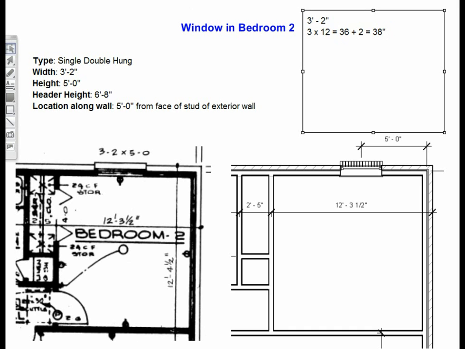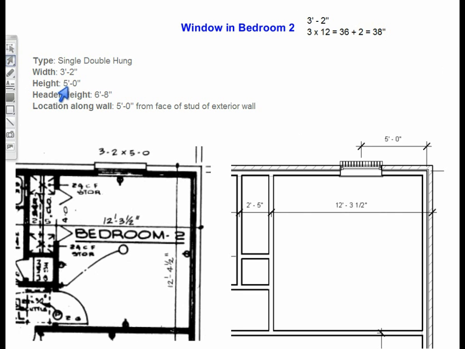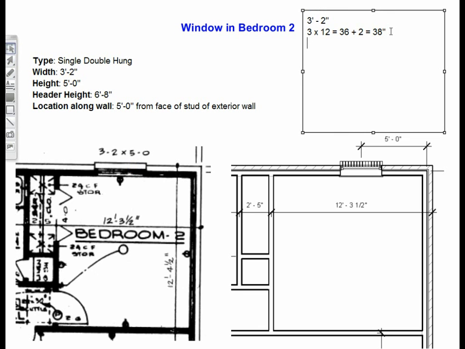We need to do the same thing for the height, which is 5 feet, which is shown here. The height of the window is 5 feet. So for the height, we need to take the 5, multiply it by 12, that equals 60 inches.